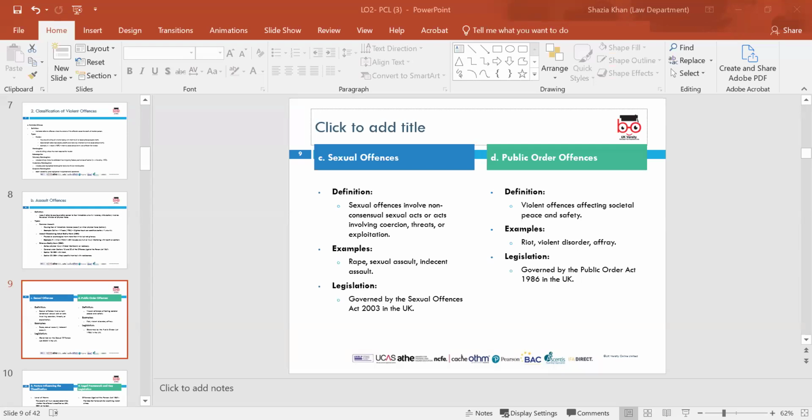Examples would be riot, a violent public disturbance; affray, which could be a serious public order offence; threatening behaviour, using words or actions to frighten or provoke violence; disorderly behaviour, acting in a way that disturbs the peace; drunk and disorderly, being intoxicated and causing a disturbance; and intentional harassment, causing alarm or distress. The law that governs that is the Public Order Act 1986 in the UK.